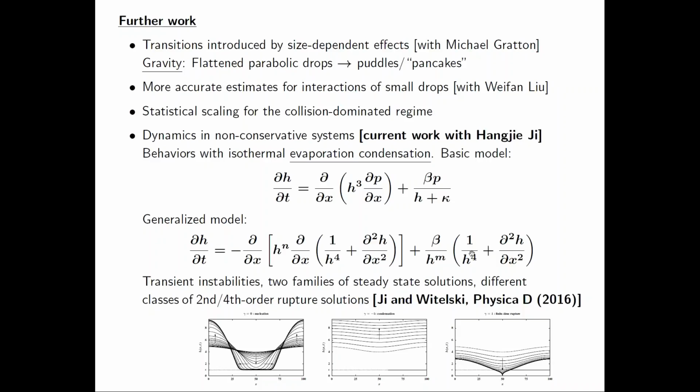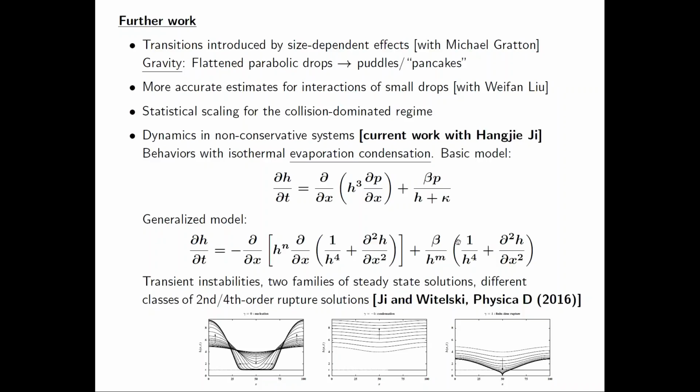But in the generalized model that Hangji and I have studied, we've actually eliminated that term and looked at the singular behaviors that can happen when I take that to go to zero and look at different balances between the conservative fluxes and non-conservative fluxes.